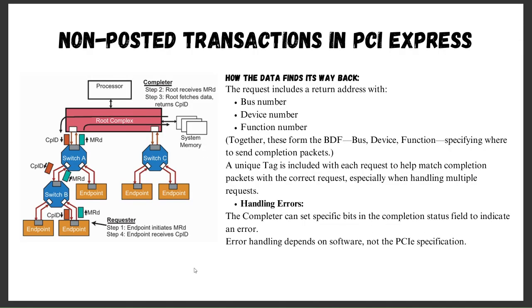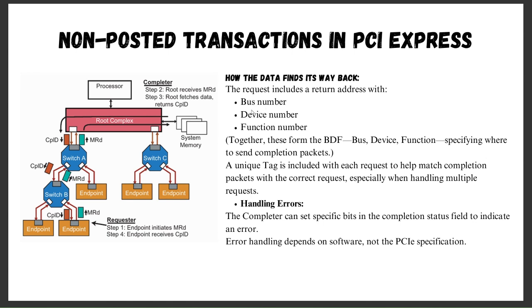So how does the data find its way back? It uses the BDF number. We will learn about BDF in more detail in the configuration chapter. For now we can understand that we use the BDF number for finding the right path.